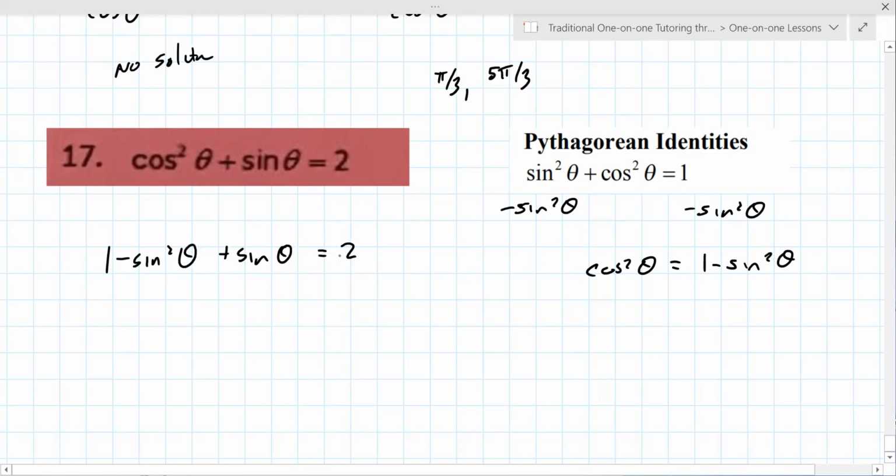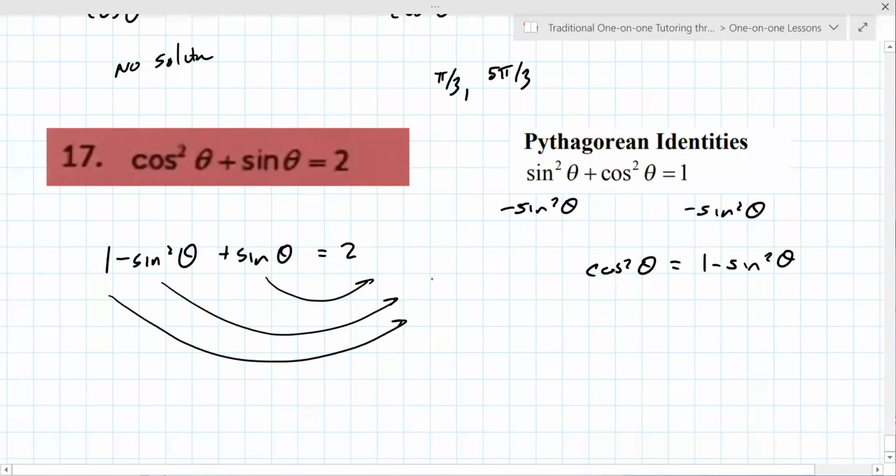In the past I've been moving everything left, but whenever the leading term is negative, my preference is to move things right, and then you flip the order. When I add sine squared theta, it's positive; I subtract sine theta, it's negative; and I subtract 1 plus 1, equals 0.